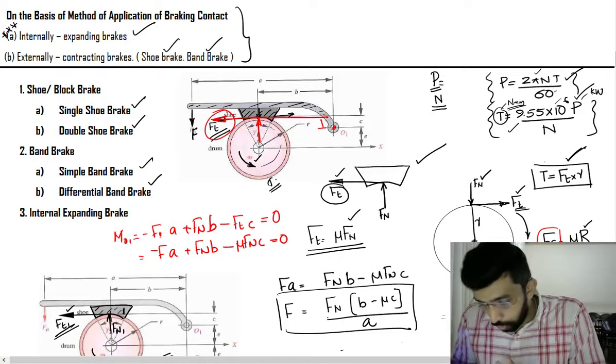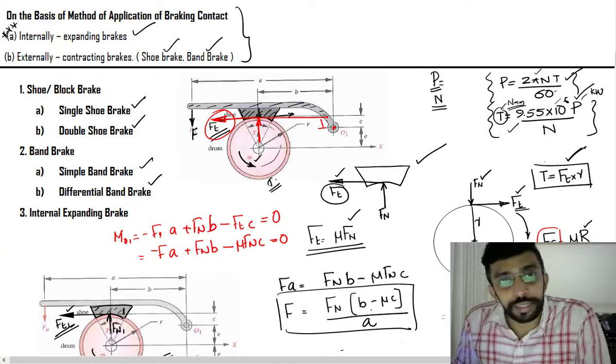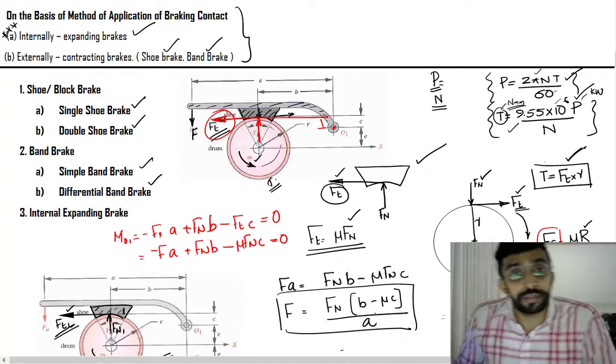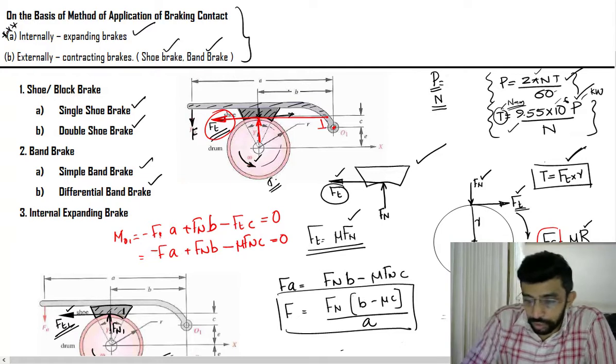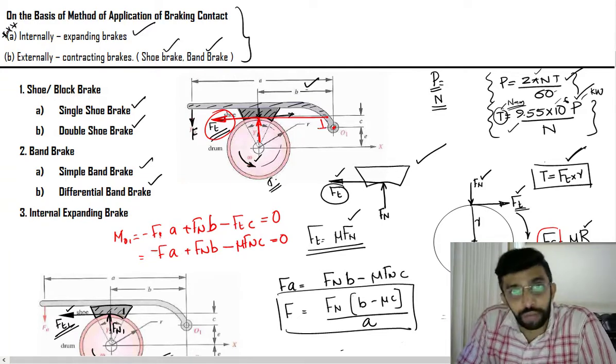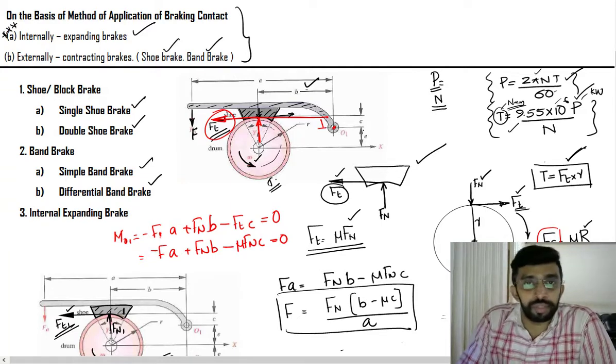But what I want to explain is that you just look at the expression within the bracket, B minus mu C. B is a physical dimension here, mu is the coefficient of friction, and C is also a physical dimension.